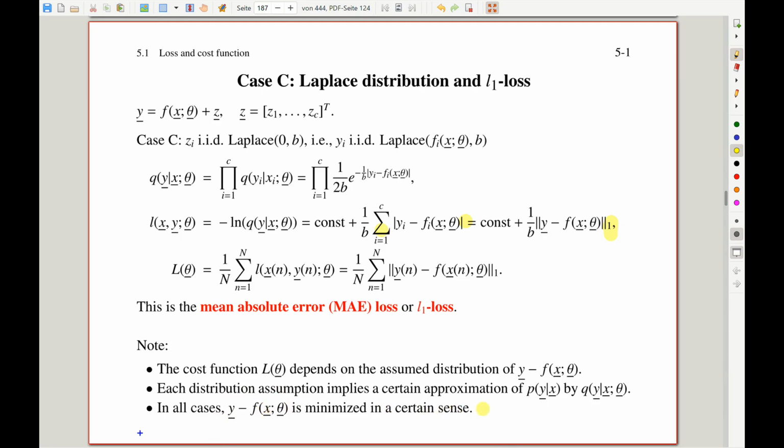But the sense is different. In one case, the sense is an L2 loss. In the other case, the sense is an L1 loss. Now you see actually how do we get the so-called loss and cost function for the regression problem.